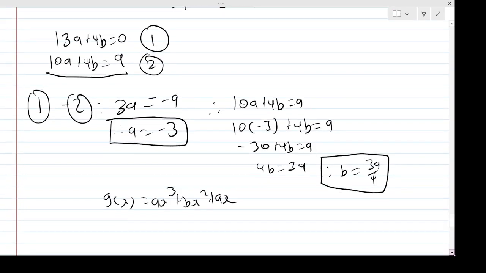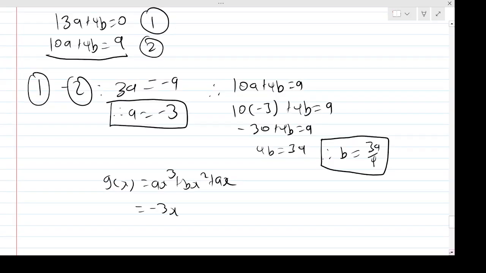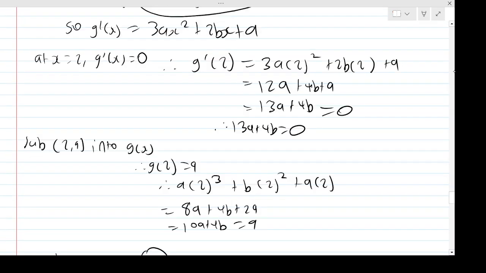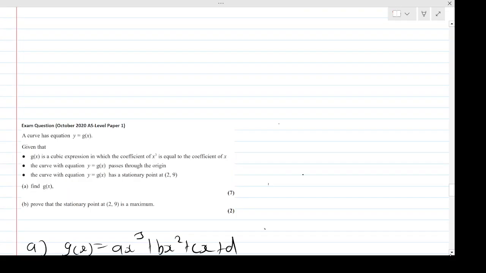Now I know a is minus 3, so it's going to be minus 3x cubed, and b is 39 over 4, so 39 over 4 x squared, minus 3x, and that is g of x with all the coefficients determined. And there we are, that is my complete function. See how it's kind of like a puzzle. Lots of information, you have to find equations for to find missing values. But that's the hard bit done. 7 marks.